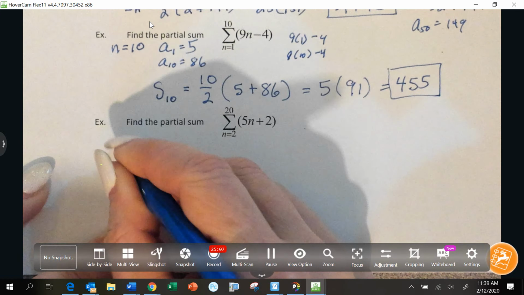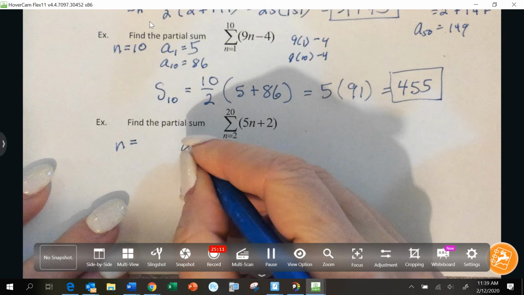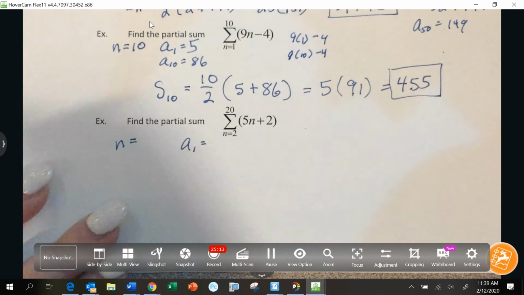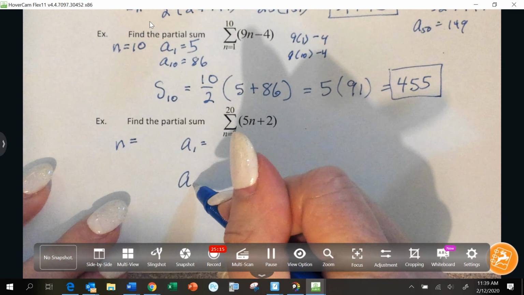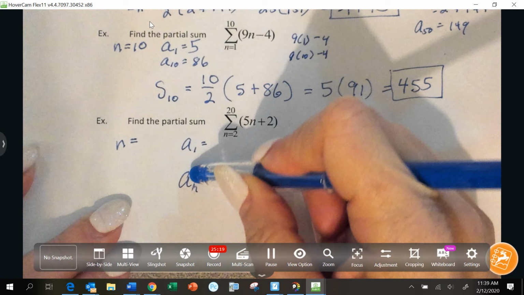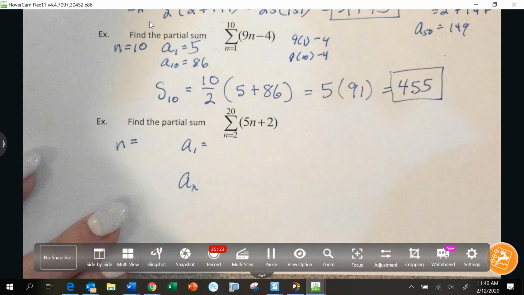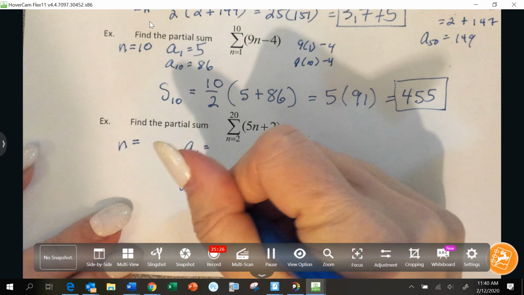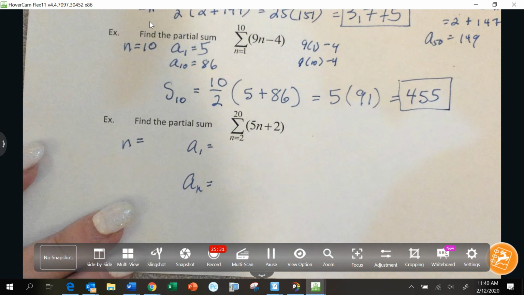And the last one, find the partial sum. So I need to know the number of terms, and I need to know the last term. How many terms? Oh, 18. There are not 18 terms.